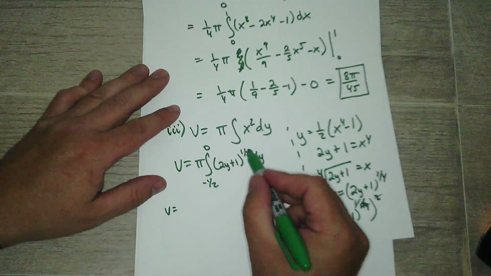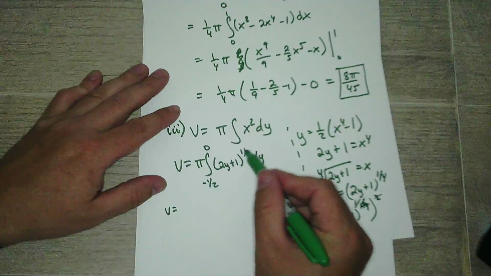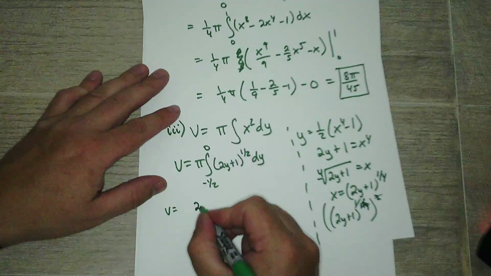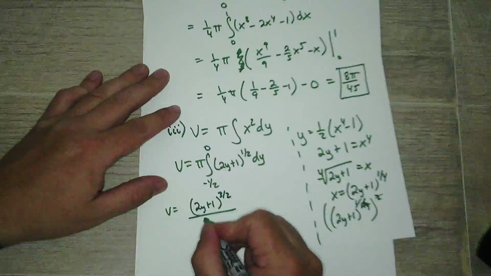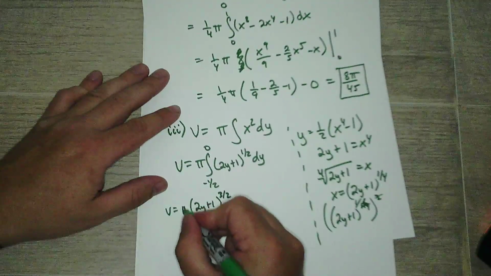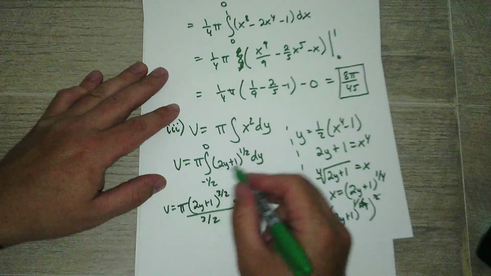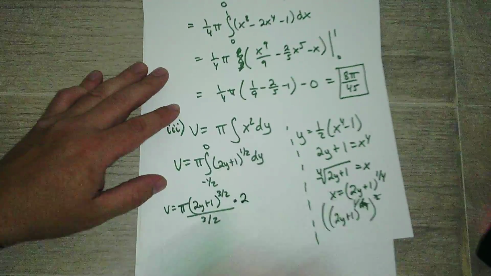Remember, you raise the power by 1. So 1/2 plus 1 is 3/2. You divide by that, just like normal, you divide by whatever you raised it by. Then we multiply by the derivative, whatever a was. Remember, for ax plus b, it's whatever a is. So 2.